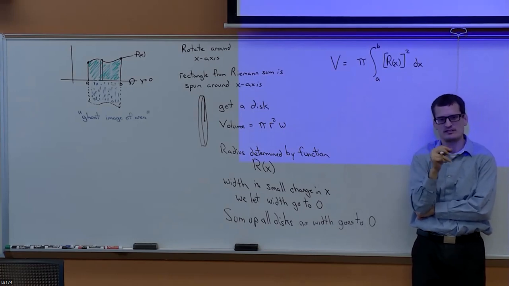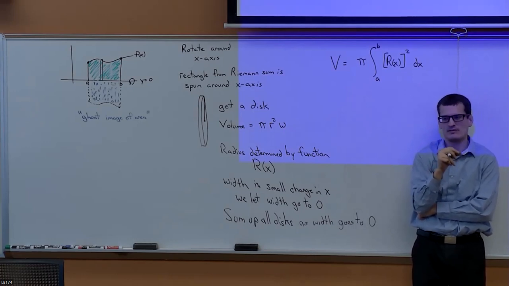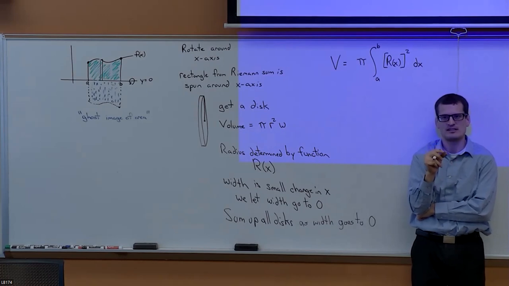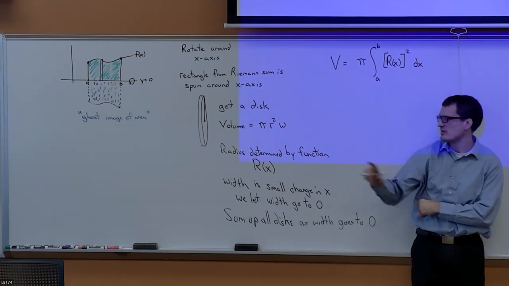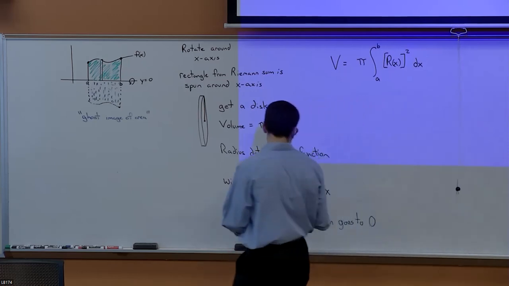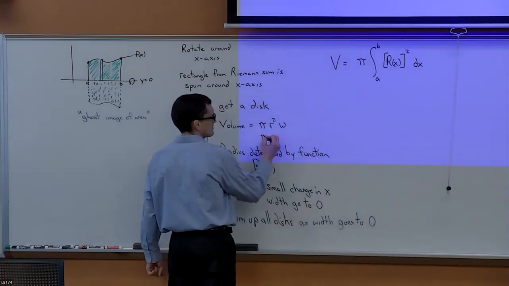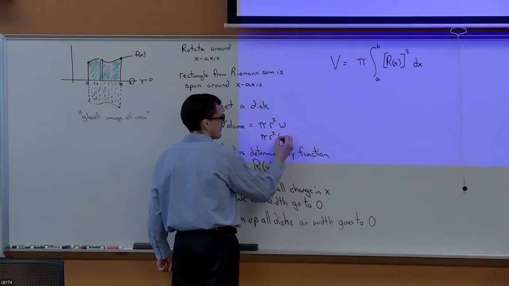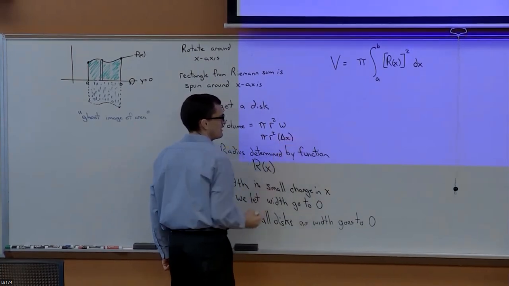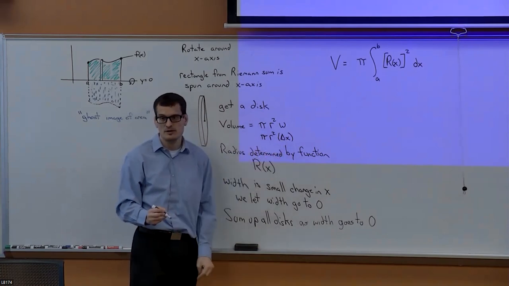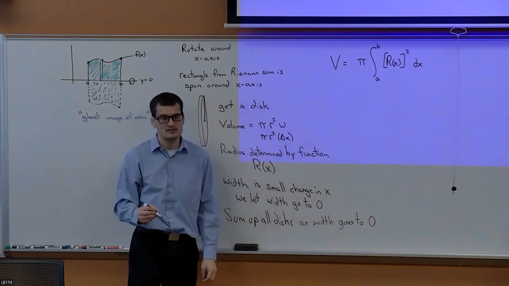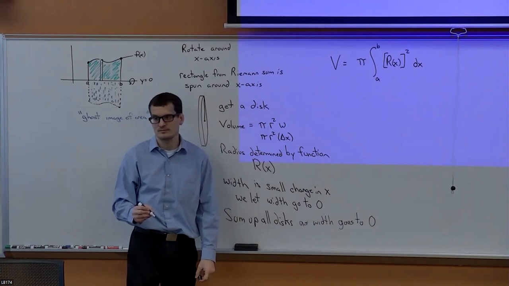So instead of getting a summation of lots and lots of disks, it turns into an integration with respect to x. The width was a change in x, and that change in x turned into my integration when I summed them all up and let the limit go to 0. That makes sense?